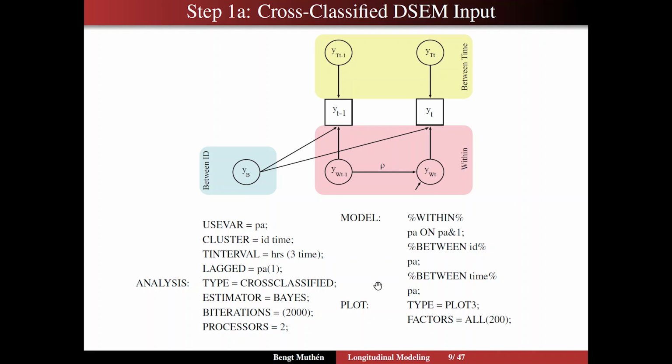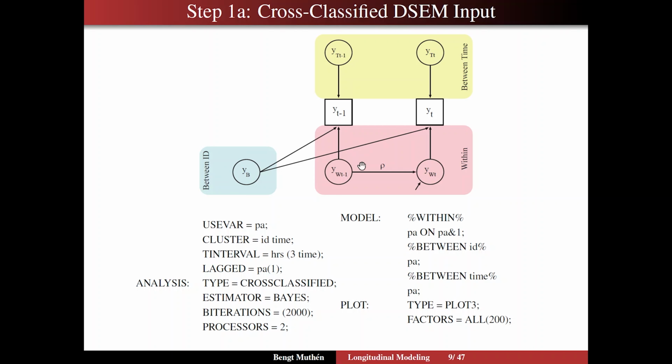Now what we're going to focus on is plots here to learn about what the potential cycles may look like, their duration and shape. So we ask for factors, all factors, and 200 draws. Just a note here that by factors we really refer to any latent variable, not only a factor analysis factor like obtained by f by something, but also a latent variable like the yb here or the yt here.